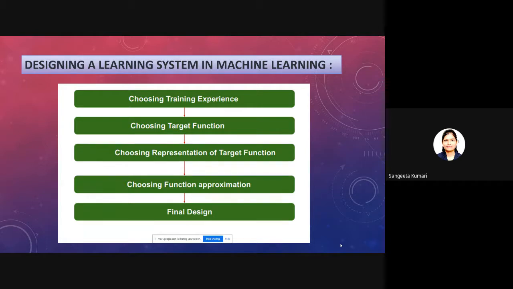So let's see this, right? If you have to design a learning system, how are you going to make it? We have already discussed that in a machine learning problem, here I'm writing, if it is an ML problem, then the performance of this ML should improve over the experience, right?